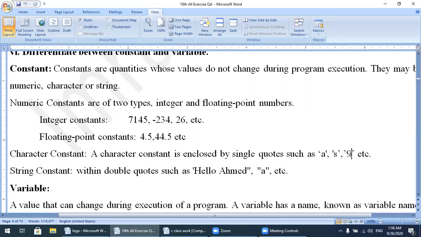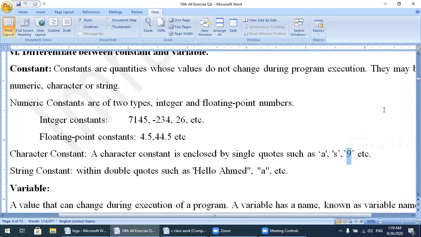Now 9 is a digit, but any digit, any special character, any alphabet, any of the 255 characters, if a single character is enclosed within single inverted commas, your mind should click that this is a character constant.